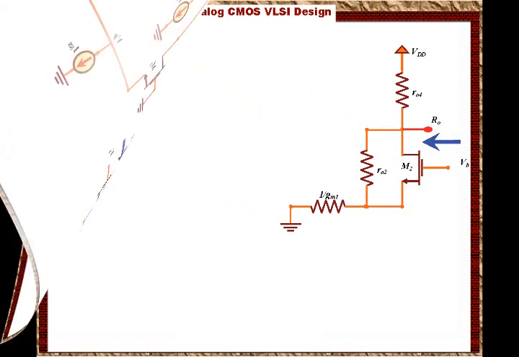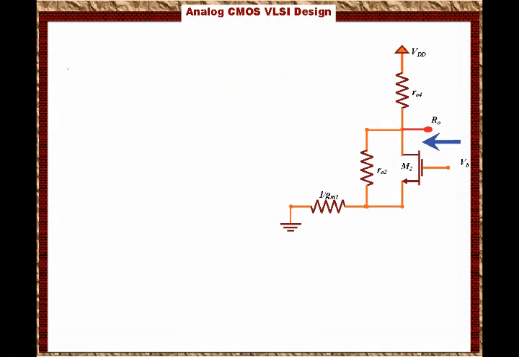So when we do that, we can see that RO will equal 1 plus GM2 times RO2 times 1 over GM1 plus RO2, in parallel with RO4.